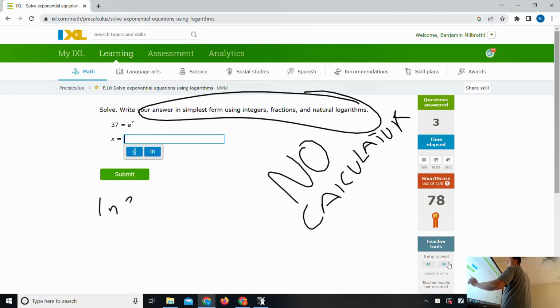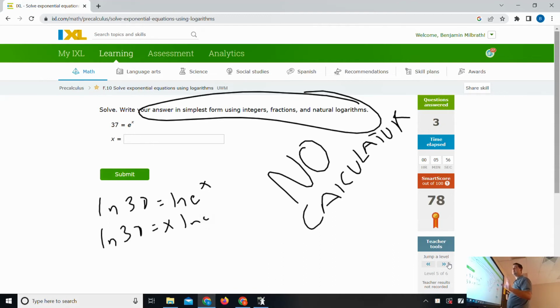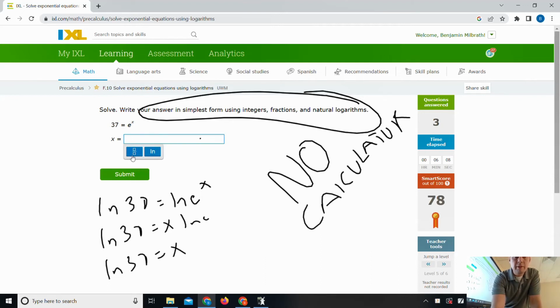We natural log the 37, and we say it's the natural log of e to the x. The x drops out front, and if you've watched anything I've done so far, natural log e is 1. Don't question that. That's just what it is. So there we go. ln 37, one and done.